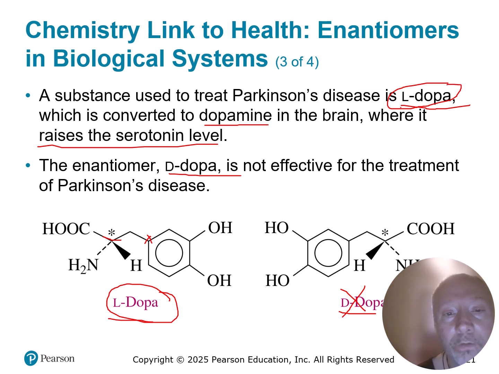So we have to be careful of not just generalizing, oh, D sugars, therefore everything uses D enantiomers. No, it could be a totally different molecule, and this is a different class of molecule. Although it's like sugar because it has hydroxyls, it has a flat benzene-like ring that's aromatic. Sugars typically don't have that unless you do some modifications. It has an amine group, almost like an amino acid, right?